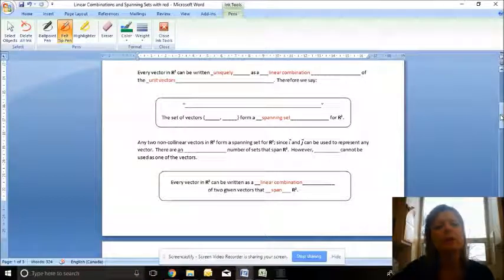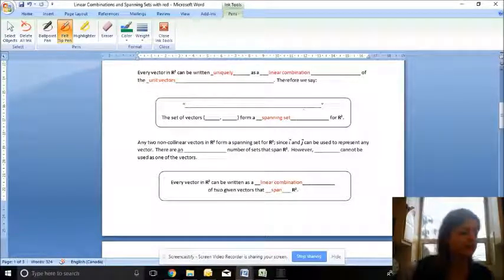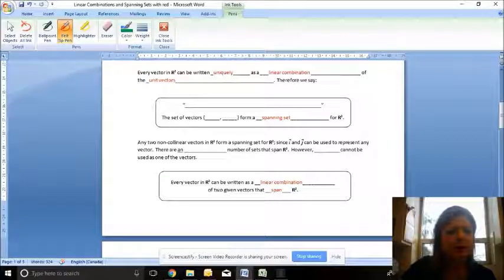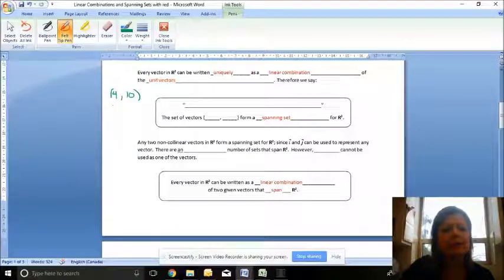So every vector in R2 can be written uniquely as a linear combination of the unit vectors. Okay, so that means basically if you take any vector, I can kind of write this on the side. So if I take any vector I want in R2, so let's say like 4, 10, I can write it as a linear combination of the unit vectors.